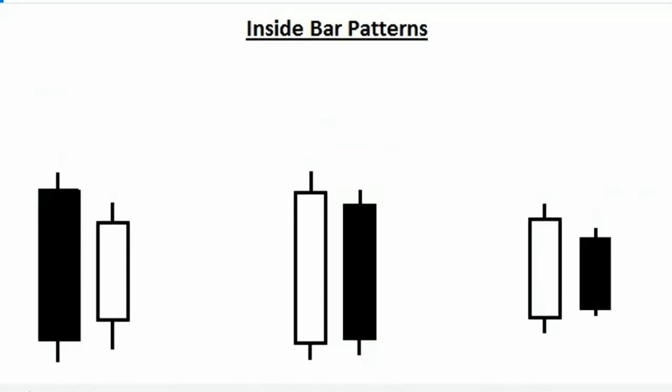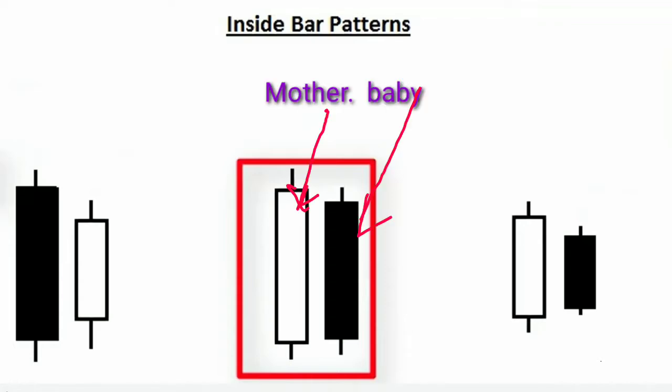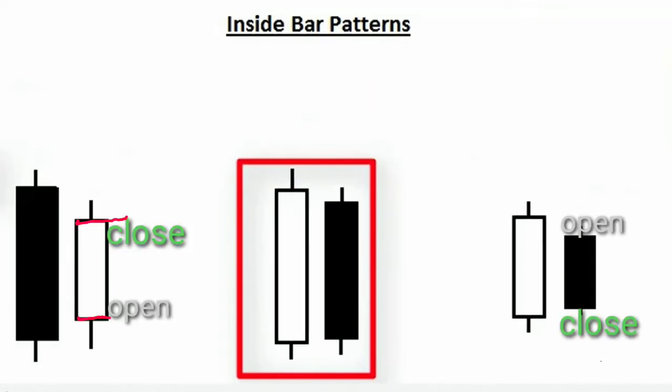Inside bars. An inside bar is a candlestick pattern which is formed when a candlestick opens and closes within the range of another candlestick. The bigger candlestick is called the mother candle, and the smaller candlestick can be termed the baby, or the candle which is found inside.